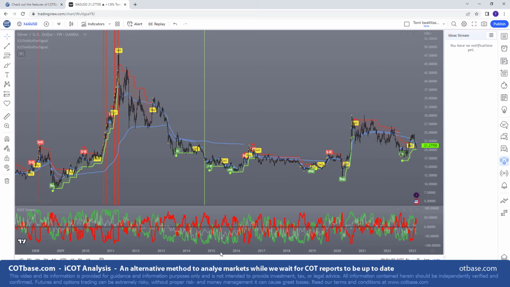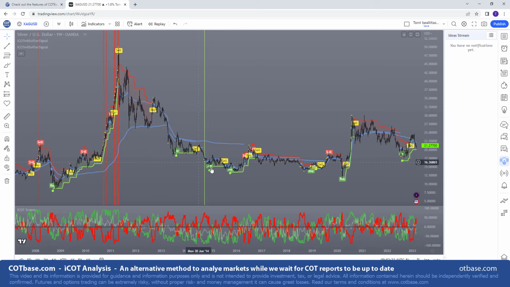It is a very unique indicator from COTBASE.com. We are super proud that we managed to put it together. We've spent at least 5 years developing this indicator, and I think it's very helpful, especially now that we don't have up-to-date data from the CFTC, the Commodity Futures Trading Commission. As you can see, just as we're reaching this top, we are getting bearish readings.